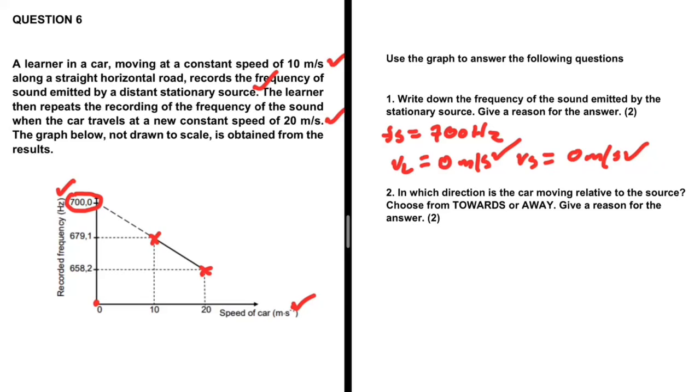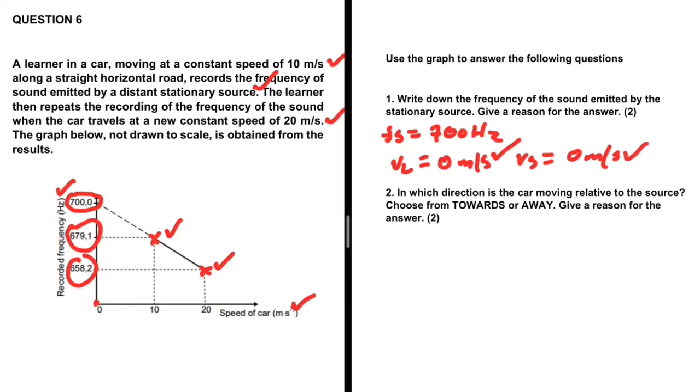When the speed of the car is 10 meters per second, the observed frequency is 679 hertz. And then when the speed of the car increases to 20 meters per second, the observed frequency is 658. So as the speed of the car increases, the observed frequency is decreasing. So clearly the car is moving away because of that. If it was increasing, the car would be moving towards.